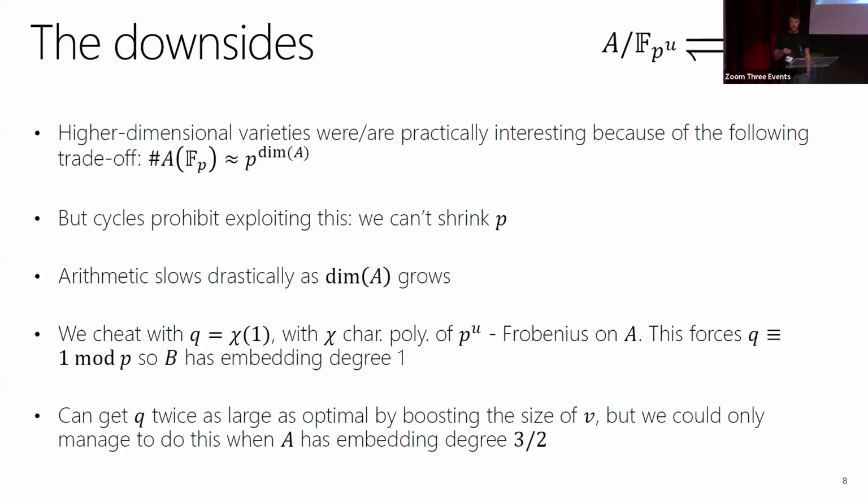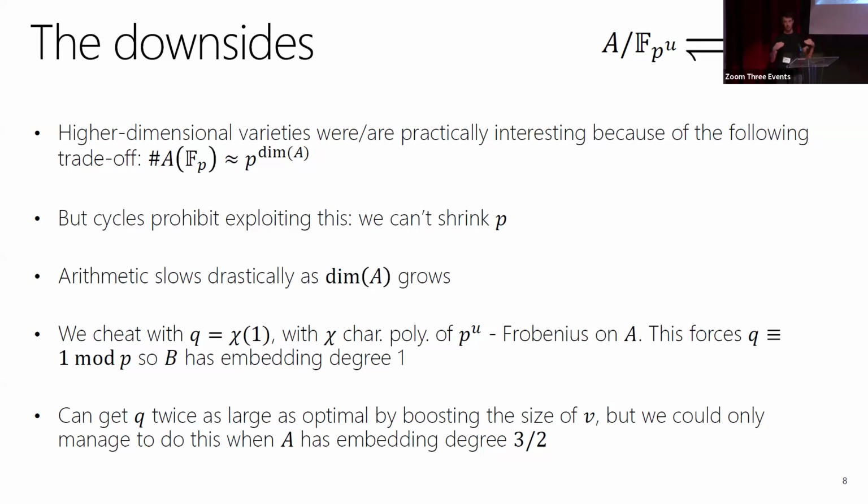But in the context of cycles, we're not allowed to shrink P anymore because P is going to be the group order, or a subgroup order, of the other thing, and that P needs to be secure against the discrete log problem in the group of order P. So we're kind of lower bounded.